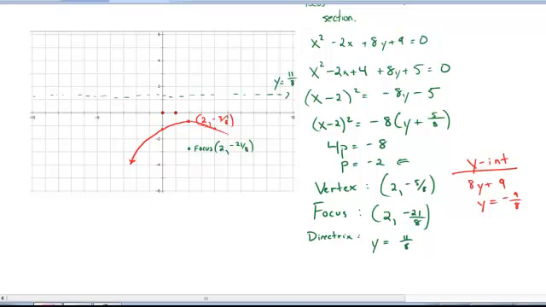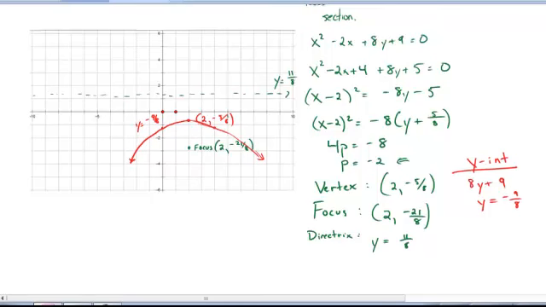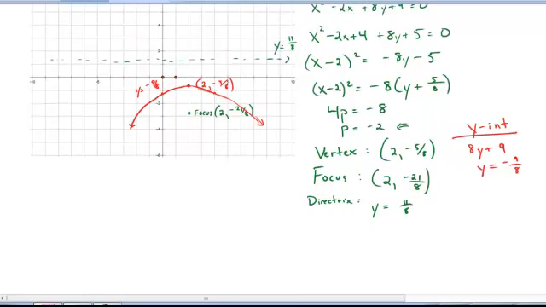This is a much flatter parabola, and we'll talk about the eccentricity eventually of this parabola, than the previous problem. Alright, so that's the same set of information that we included in the other problem, and now I want to talk about the latus rectum, which I'm going to go and draw in.